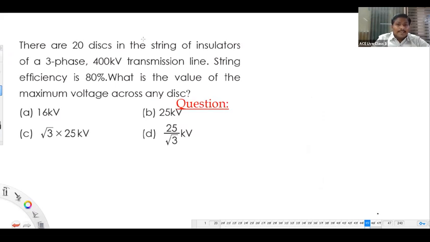See, there are 20 discs in a string of insulators of a 3-phase 400 kV transmission line. String efficiency is 80%. What is the value of maximum voltage across any disc?